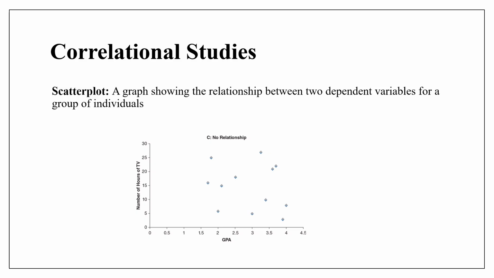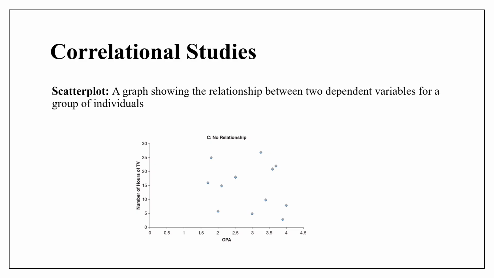In this particular case, our x-axis is labeled as GPA. So this is your grade point average, and it goes from 0 to 4.5, at least in this scatter plot. On the y-axis, we have the number of hours of TV, and this is specifically referring to how many hours of TV these individuals are watching.